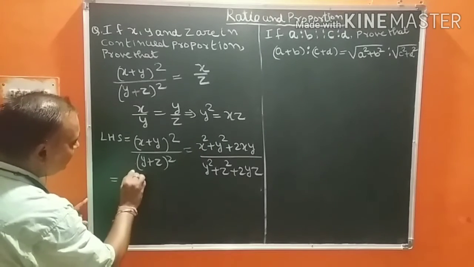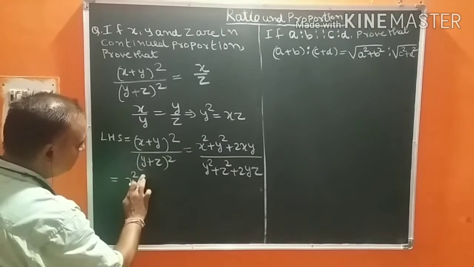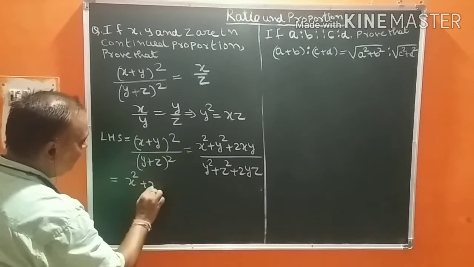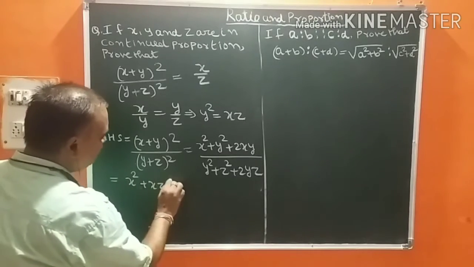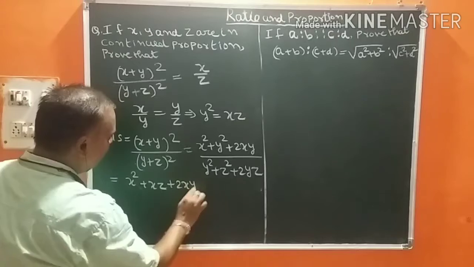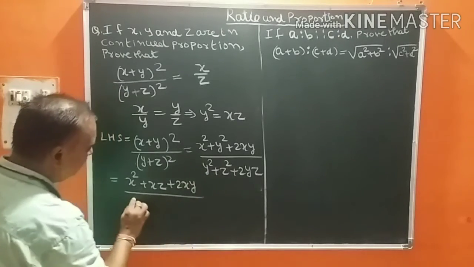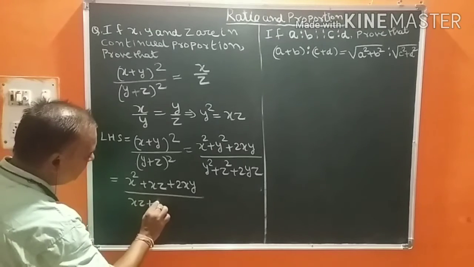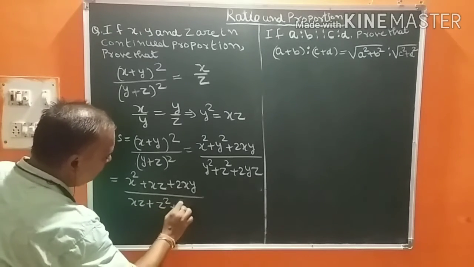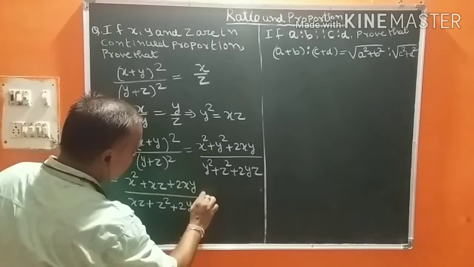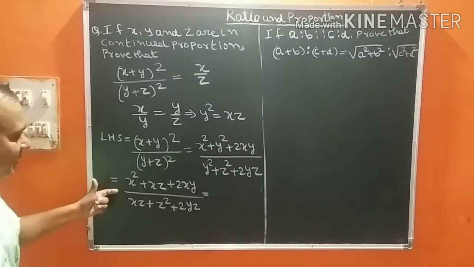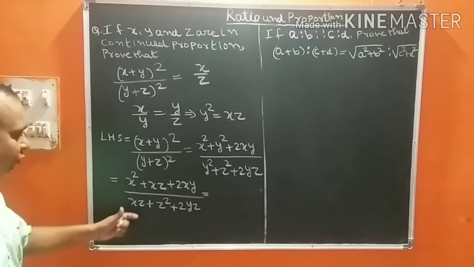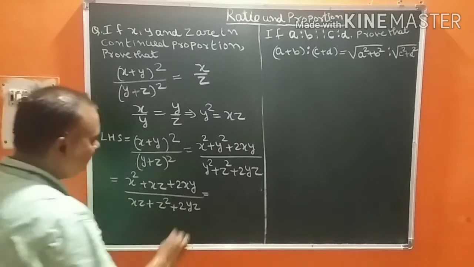So we can write x square plus xz plus 2xy upon, same here, in place of y square I will put xz, so that is xz plus z square plus 2yz. Now from the numerator can we take common x, and from the denominator can we take common z? Yes.